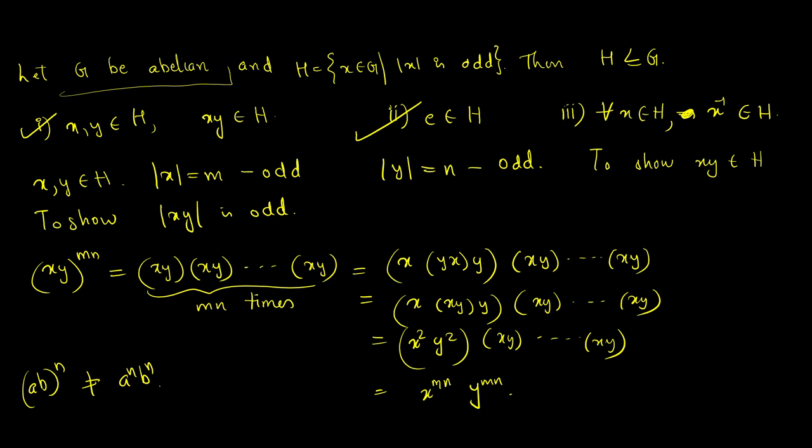So here x is in H, so the order of x is odd, and the order of x inverse is the same number, which is again odd. So x inverse must be in H. Let me just write that down. We use the result that if x is in any group G, then the order of x is equal to the order of x inverse.